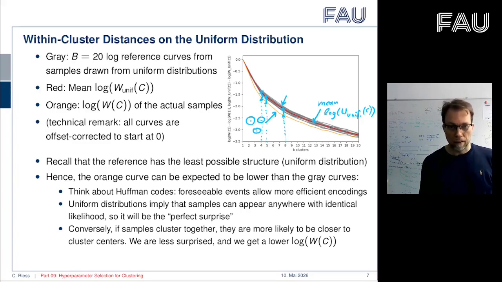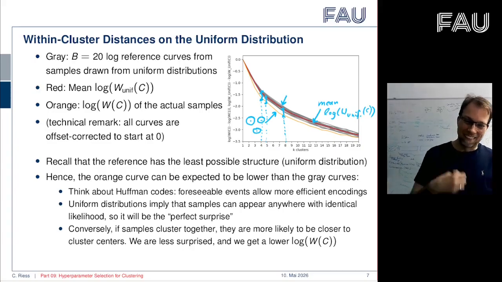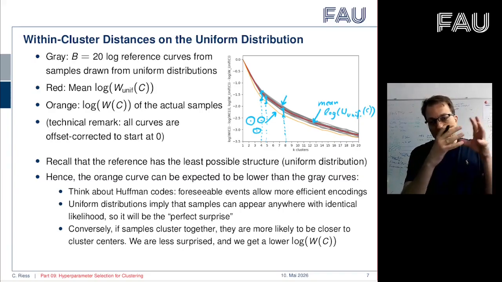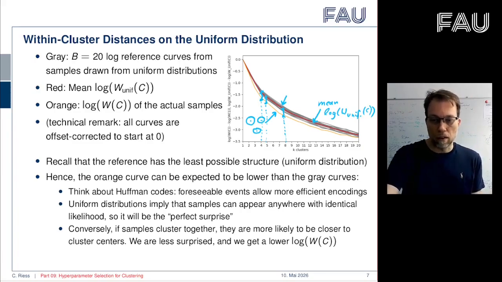So it will be the perfect surprise in a way. And conversely, if samples are somehow clustered together, they are more likely to be closer to cluster centers. So we are less surprised about the occurrence in that line of thought, and we get a lower log within cluster distance.